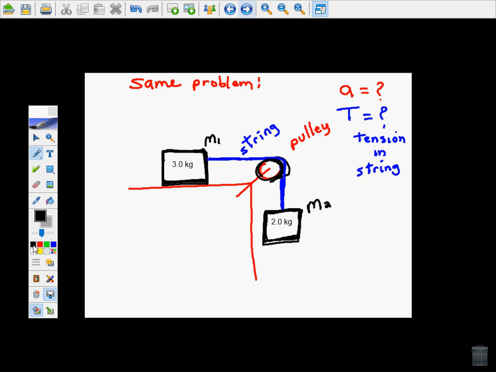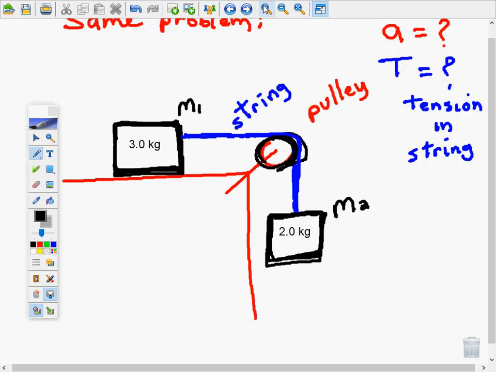And what did we say the radius of that pulley was? Oh, I didn't tell you. 0.2 meters. All right, 0.20 meters, just like before. And what about the mass of the pulley? 2 kilograms?